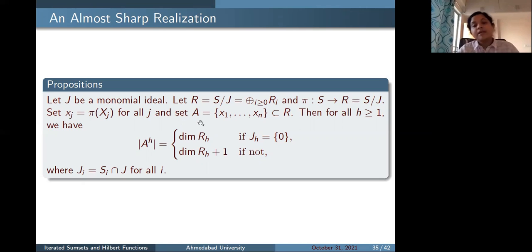If I take my set A to be {x1, x2, ..., xn}, which is a subset of R, then what we can conclude is the following: the cardinality of A^h would be 0 if J_h is 0, and it is the dimension of R_h plus 1 if this is not.